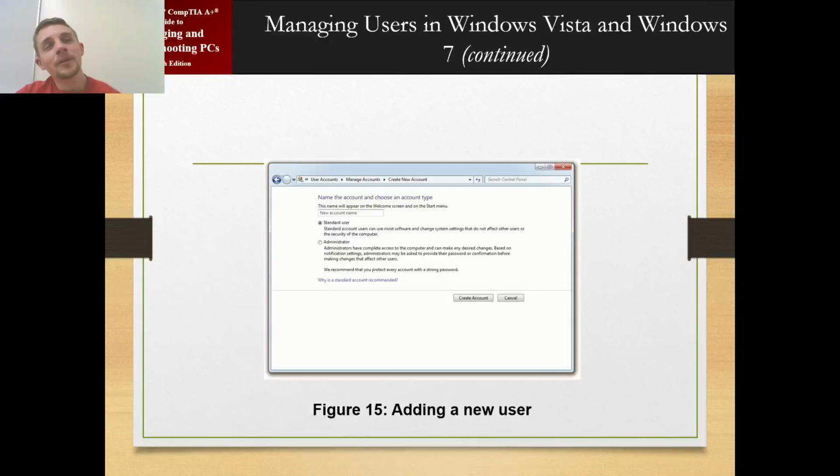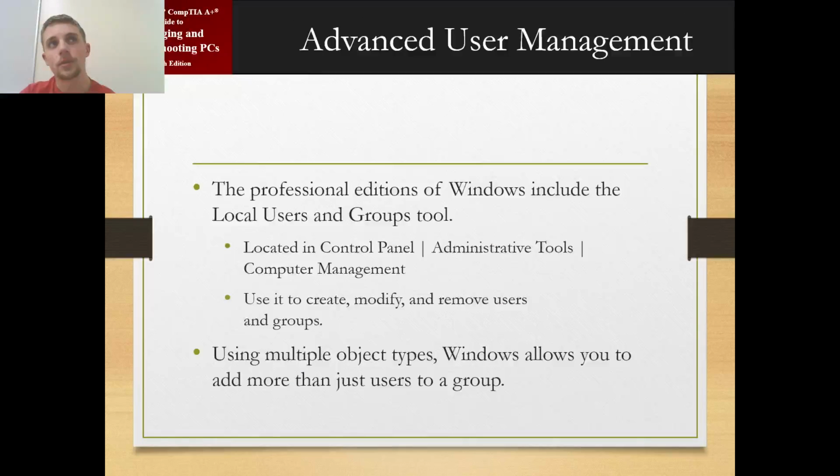Okay. So this is the same thing, Windows 7, except it just says standard user instead of limited user. It just looks and feels a little different. That's all it is. So this is how you can get into local users and groups, and that adds a lot of features to be able to have more granular control over users in the initial process.